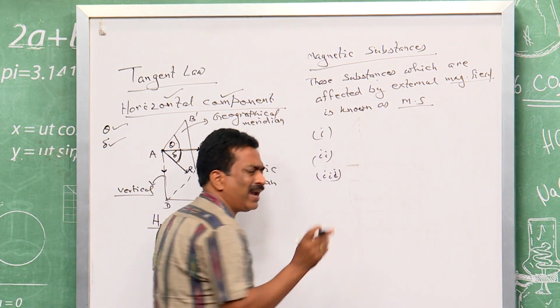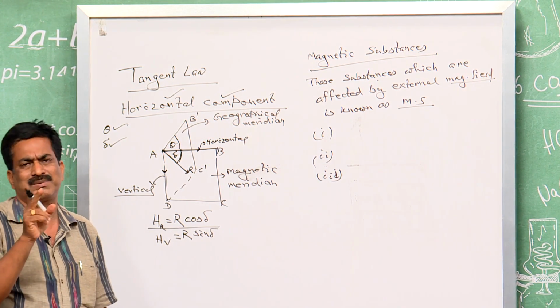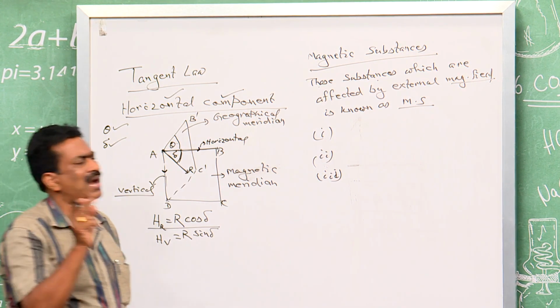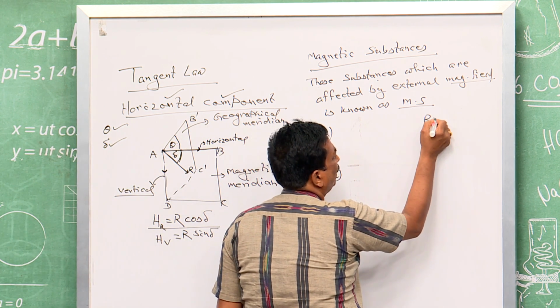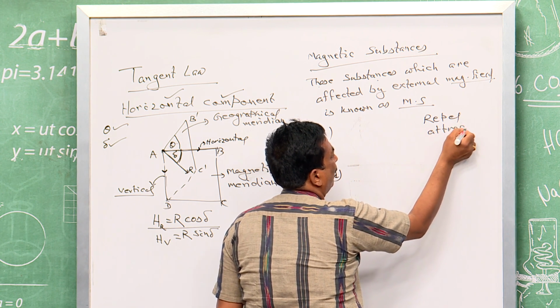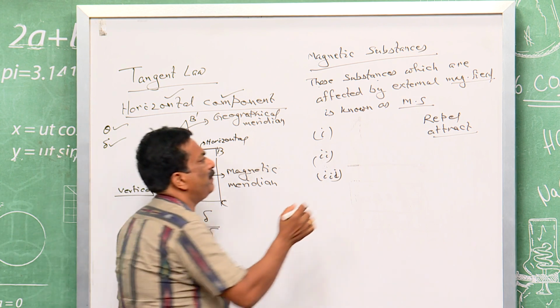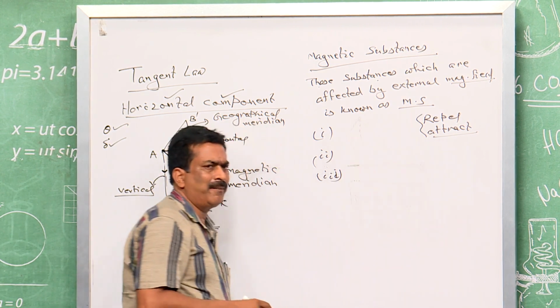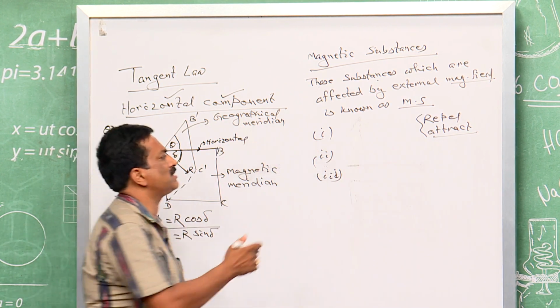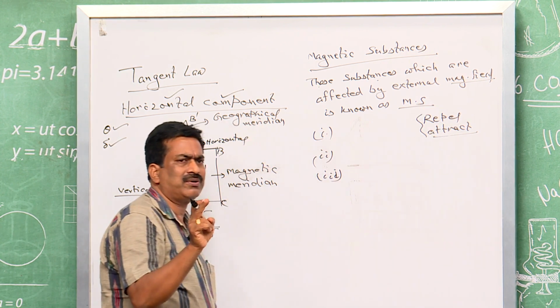and they are of three types. They are affected by the magnetic field, meaning the effect is of two types, either it repels or it attracts. If they repel and attract, it should be of two types, but it is of three types, meaning repel is of one type and attraction is of two types.